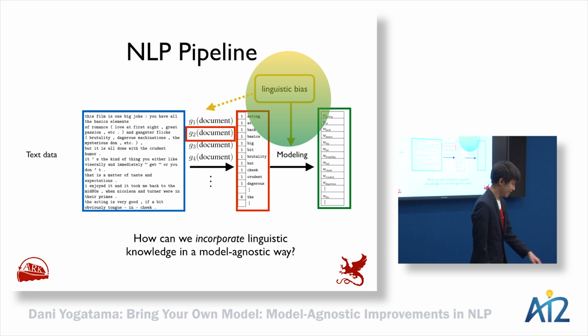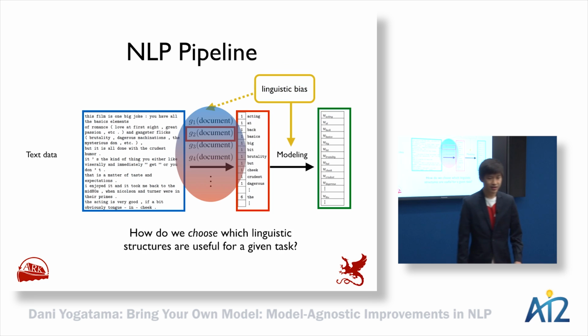And then in the second part of the talk, I'm going to talk about how we can optimize these representations that we use as an input to our machine learning model to get better performance. This part is a little bit more general. At least in theory, it works with any kind of model class, but I've only tried it with several model classes, basically. But in theory, it should work with any kind of model class.